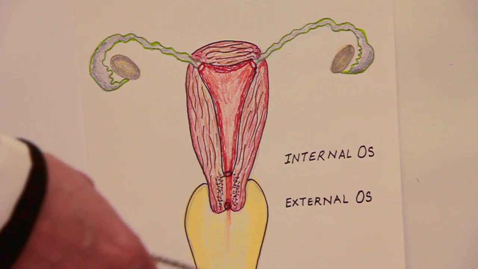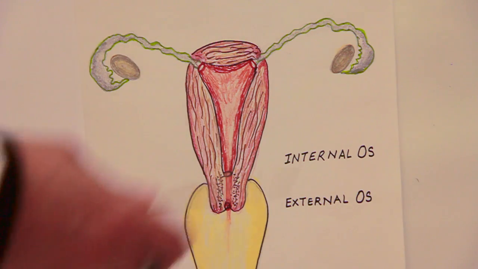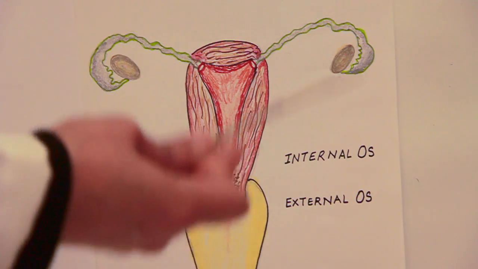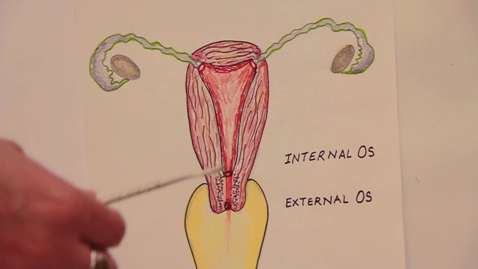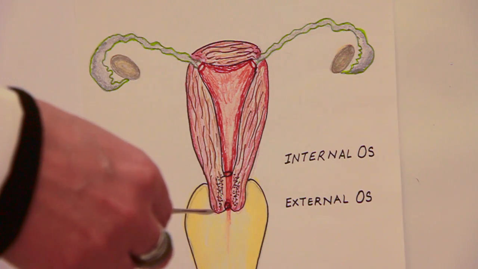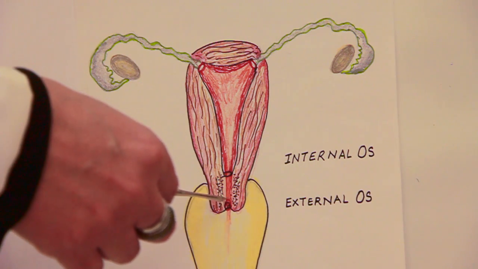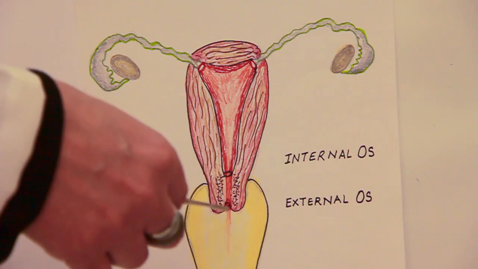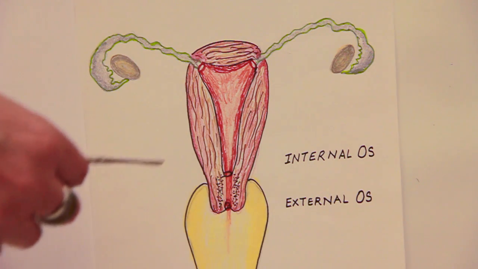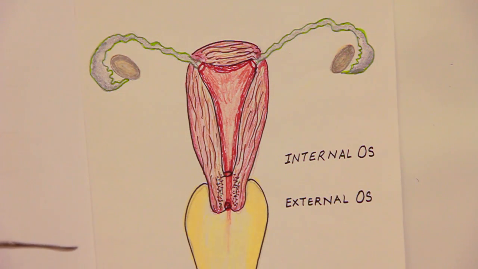So it becomes the stratified squamous type of epithelium, which is very good for wear and tear. This metaplasia leads to a clear transformation zone. So in the ectocervix, there is a transformation zone, and it holds a very important clinical significance.